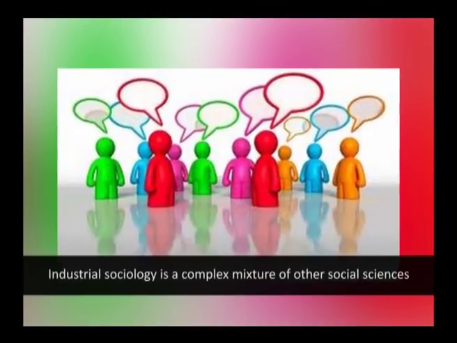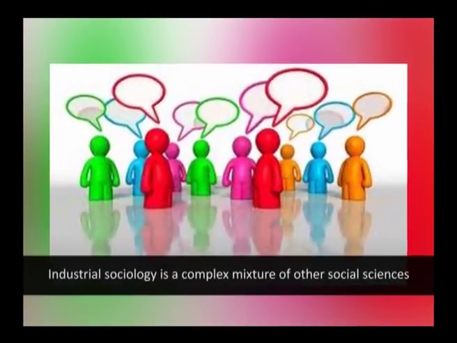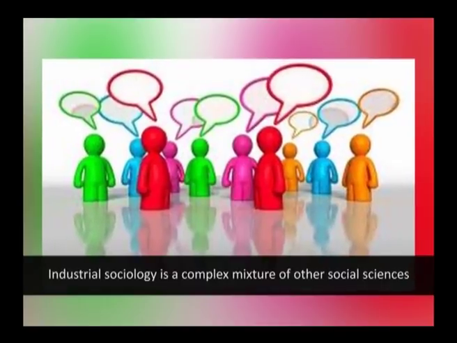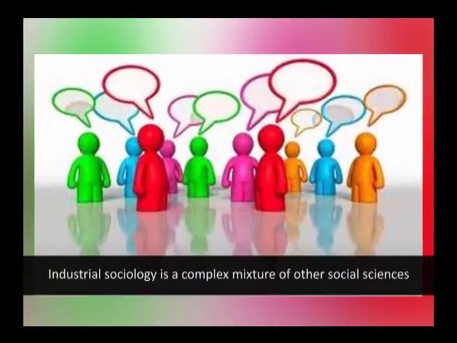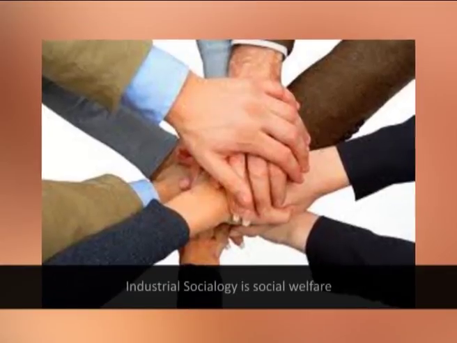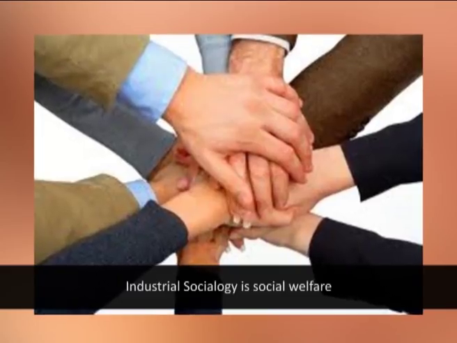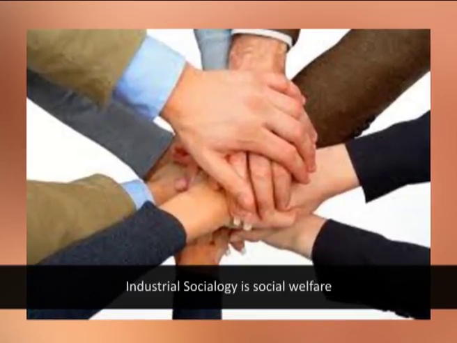You see, students, it is important to understand that industrial sociology is a complex mixture of other social sciences. The social sciences like psychology, economics and sociology provide the methods to correct the deficiencies of the work society. So what is the ultimate motive of industrial sociology?